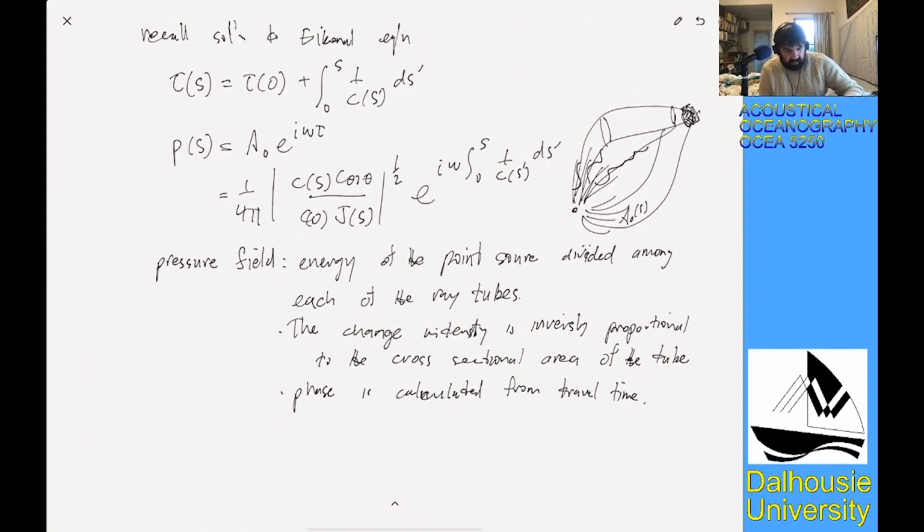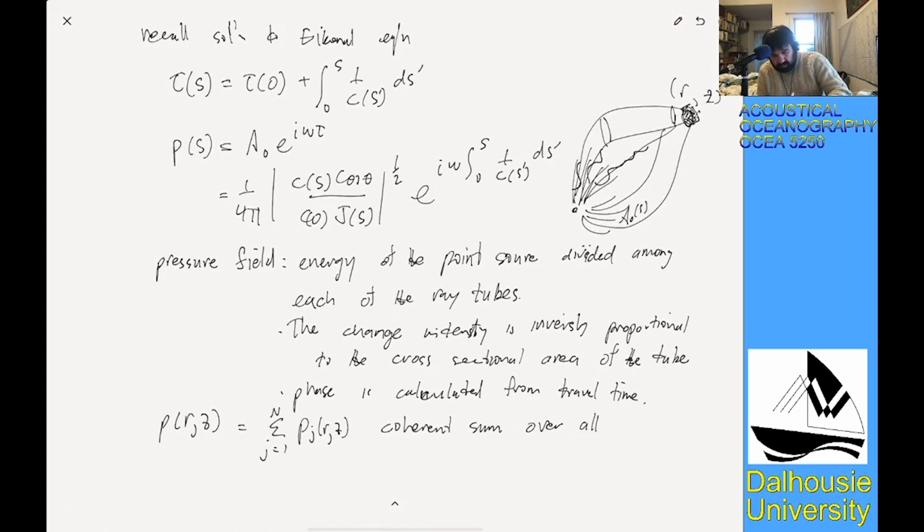So to find the pressure at our spot, R, Z, we need to sum over all the eigenrays. And here I've written this as a coherent sum, over all eigenrays.